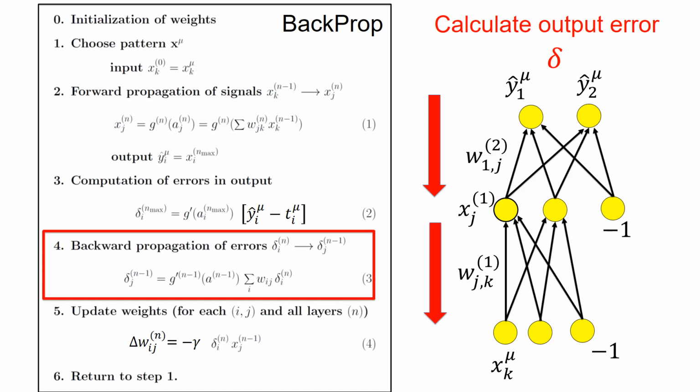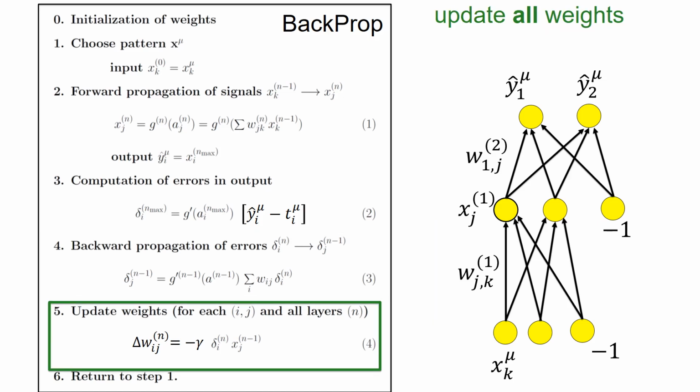And this backward pass has given rise to the name of backpropagation of errors. Then we update all the weights, not just one weight, but all the weights of all layers. And for this update, we need the deltas and we need the activations that we have calculated during the forward pass of the network. And then we go to the next pattern.